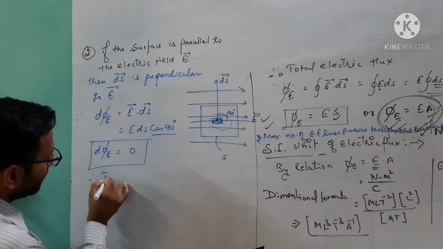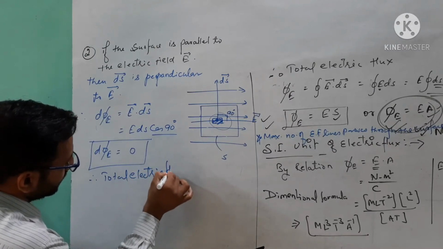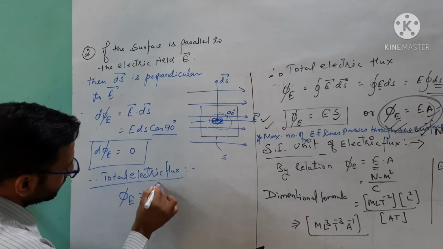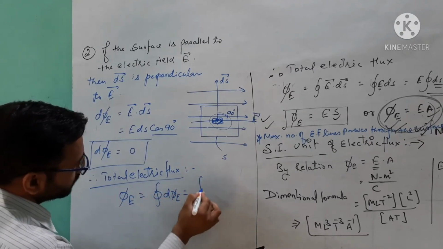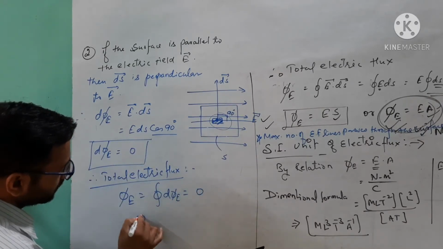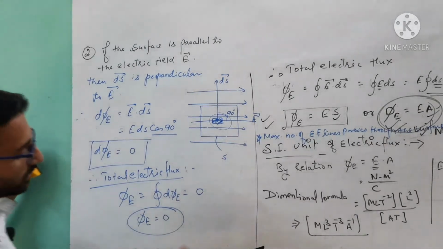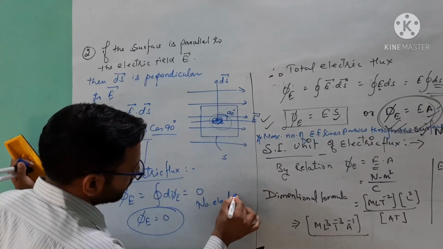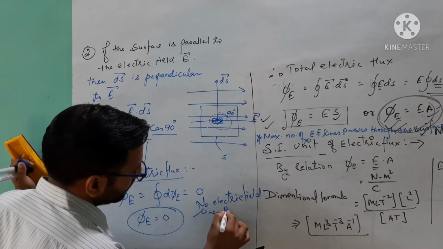Therefore the total electric flux phi E is equal to the surface integral of d phi E, and the d phi E value is 0, so here I will put the value 0. Got it? So it means that no electric field lines pass through it.